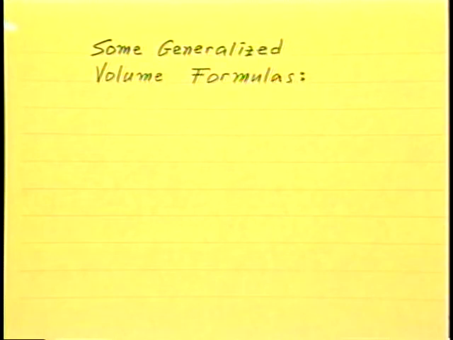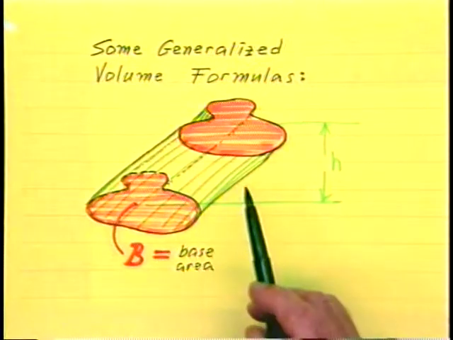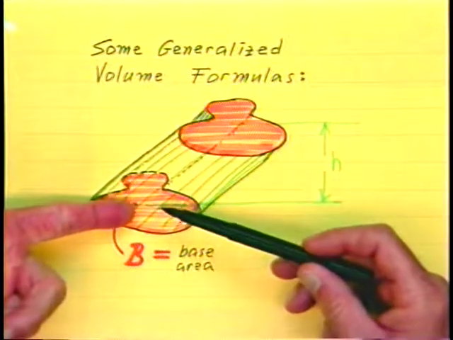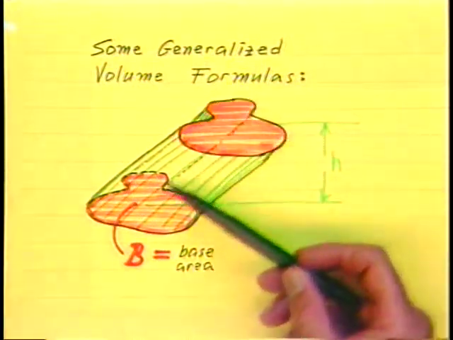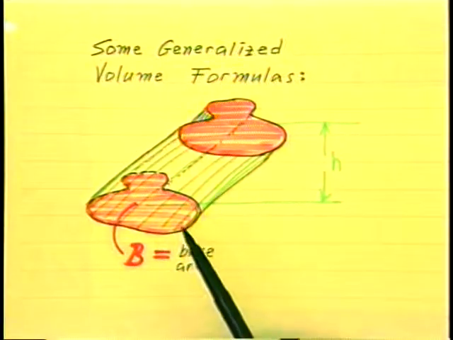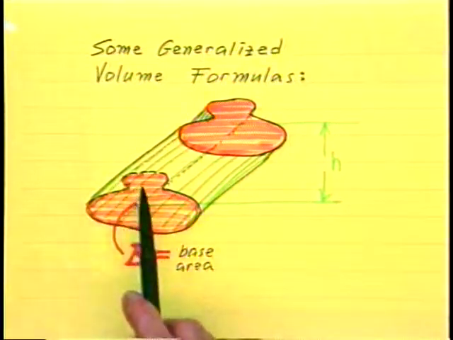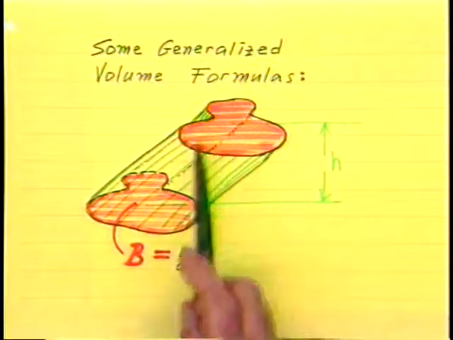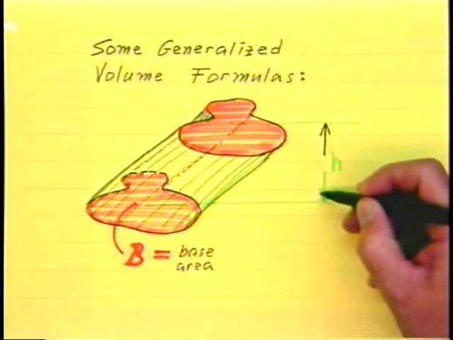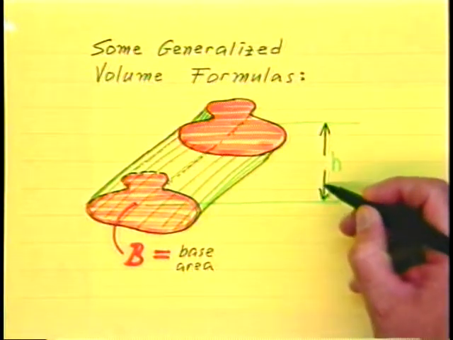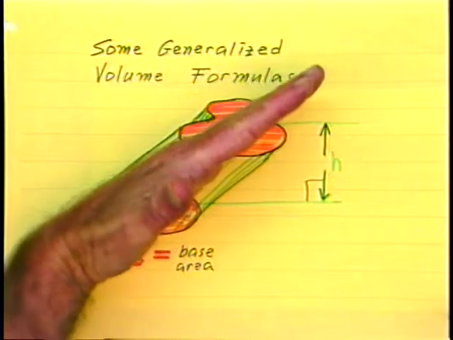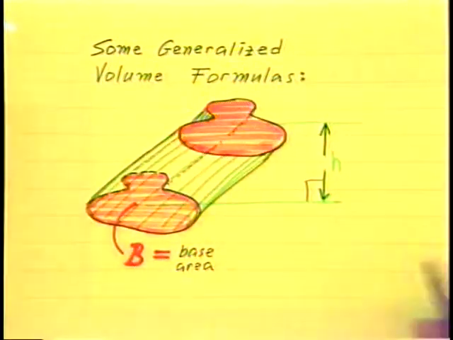Let's give ourselves a class of solids in which the two bases, the bottom and the top, are exactly the same shape. And furthermore, that we either know or can compute the area of that base, and we also know the height between the two bases measured along a perpendicular, even though our solid itself might be slanted as it is here.